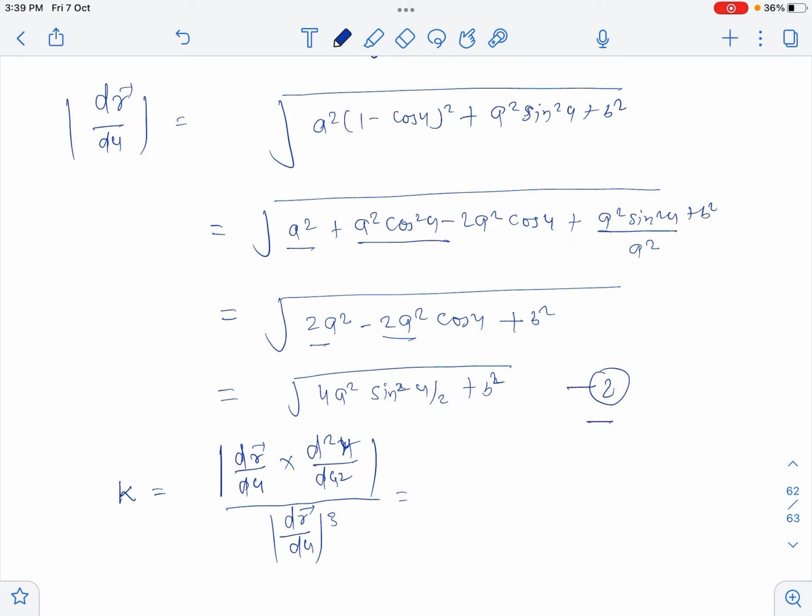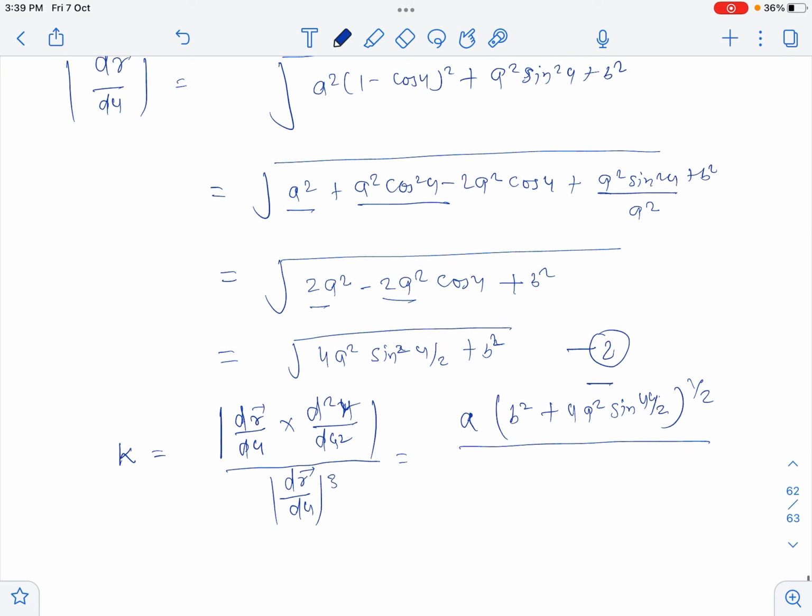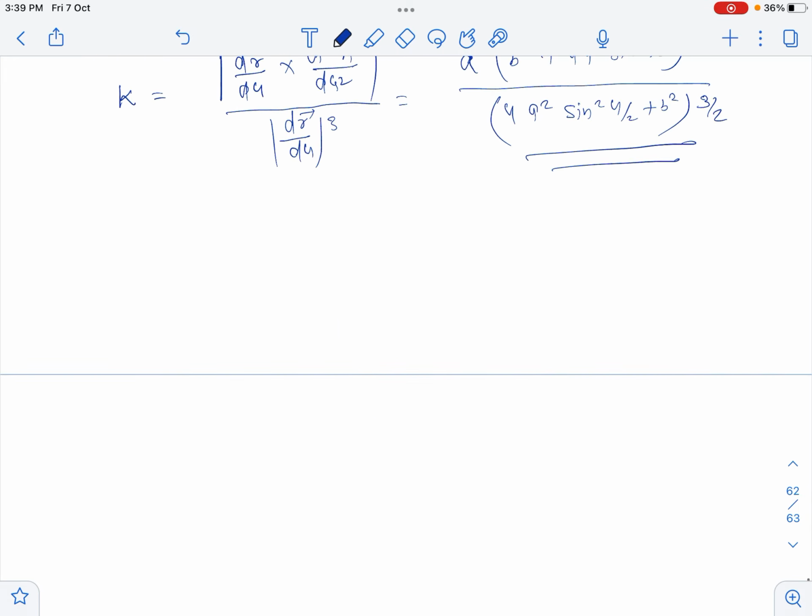So this will be equal to a under root b square plus 4a square sin square u by 2, whole power 1 by 2, divided by 4a square sin square u by 2 plus b square whole power 3 by 2. So this is the asked curvature.